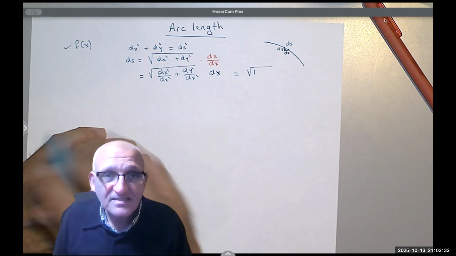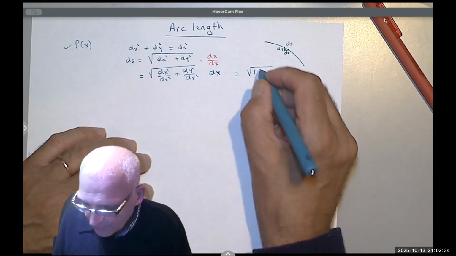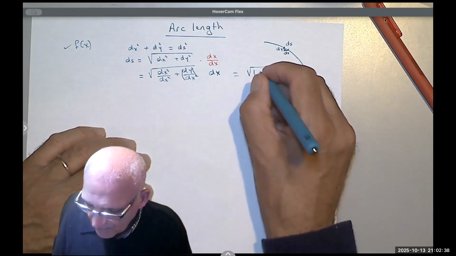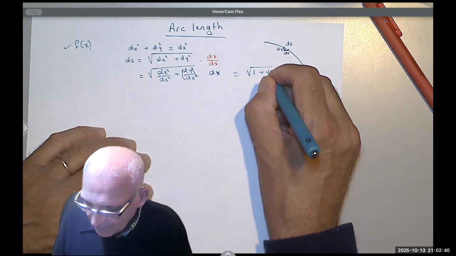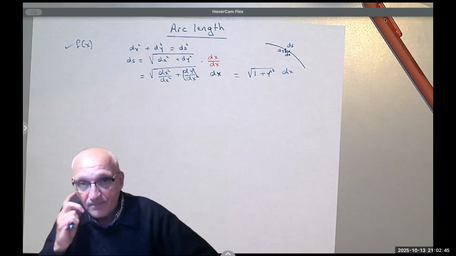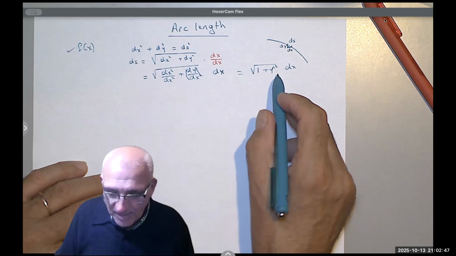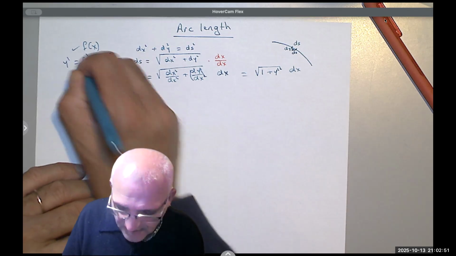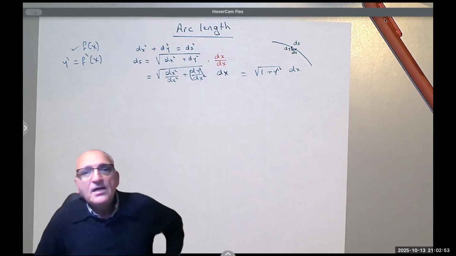plus dy dx, we can call it y prime, but it's squared, right? Because I divided by dx squared, so plus y prime squared dx. And y prime is basically f prime of x.